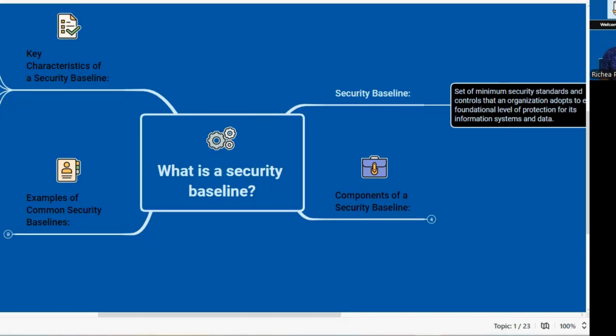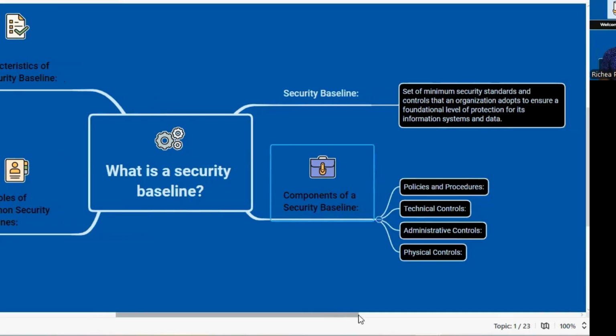So these are the key characteristics that help to define what your baseline is: minimum standards, consistency, foundation, and compliance. And of course, there are a number of components that form our baseline. So let us look at the components of a security baseline.